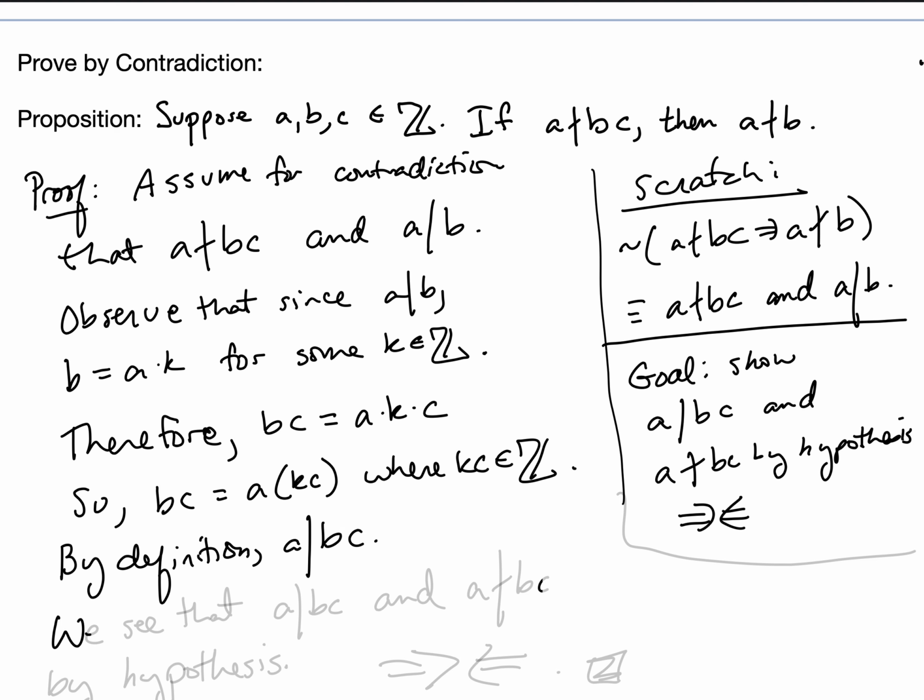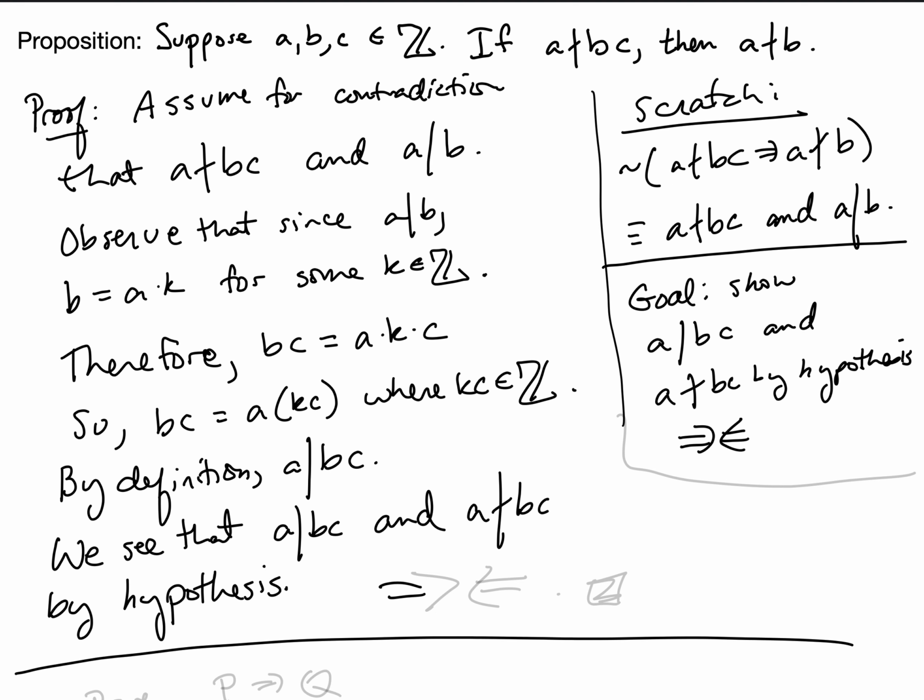We see that A divides BC and A does not divide BC by hypothesis, and this is a contradiction. So we could write that out in words, or we could have two arrows facing each other, and we would be done.